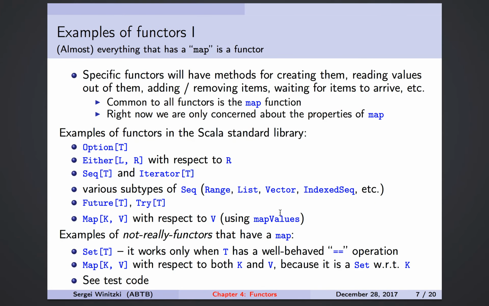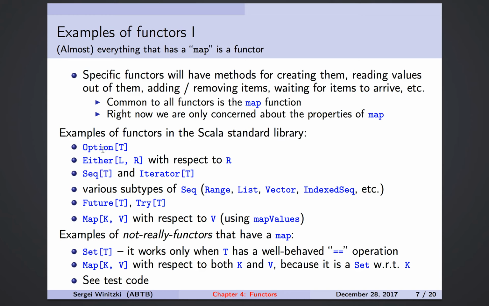Here are some examples of functors. So like I said, we are only concerned about the properties of map here, and all these specific examples will have lots of different other methods so that you can do other things. So for example, Option[T] has methods to get values out of it and to put values in it and so on.